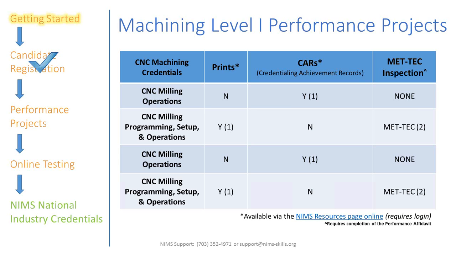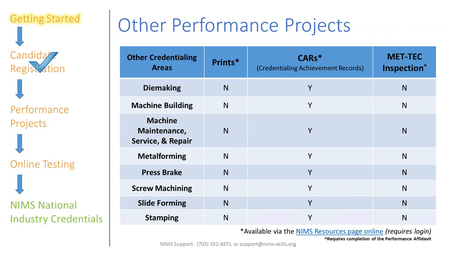Level 1 CNC projects require either a CAR or a print, depending on which your candidates are pursuing. All other credentials require CARs, and these can be downloaded via the NIMS resources page.